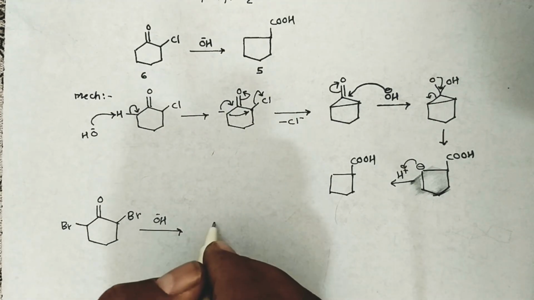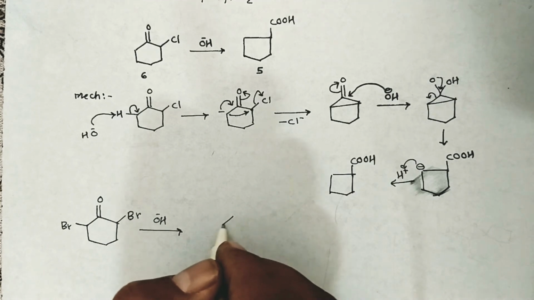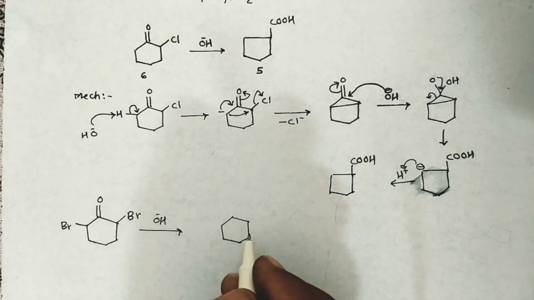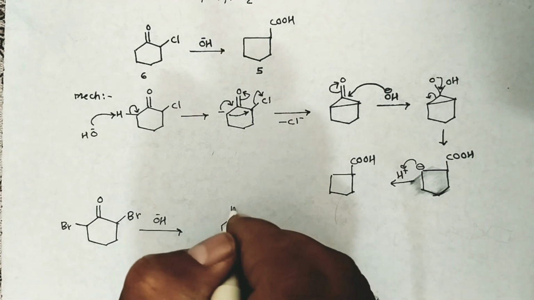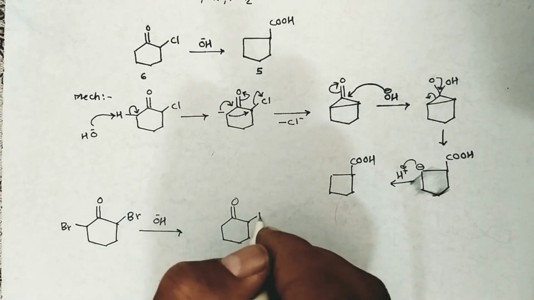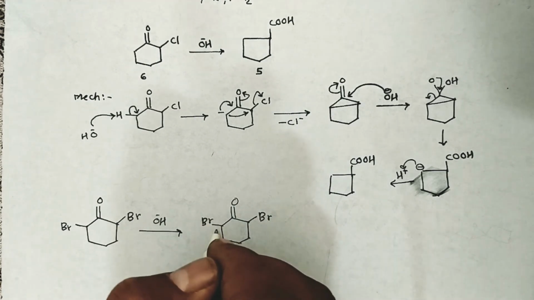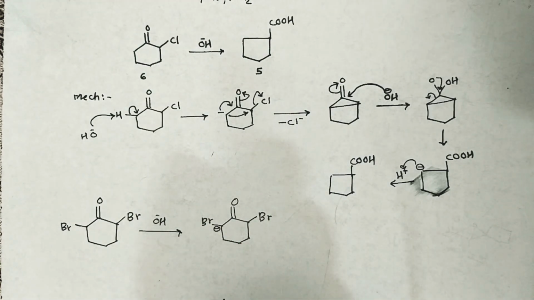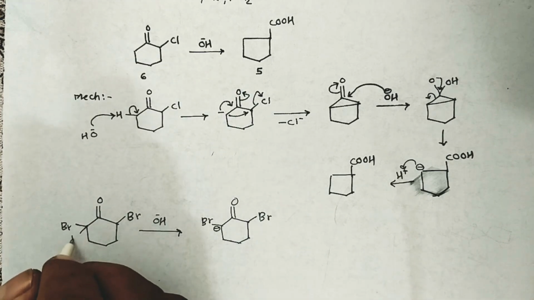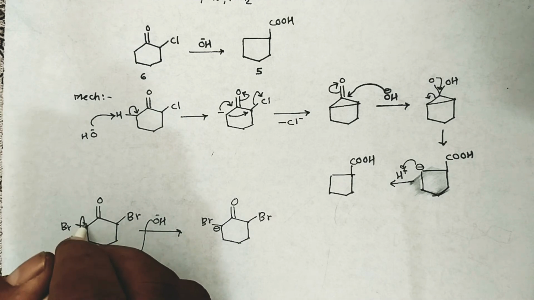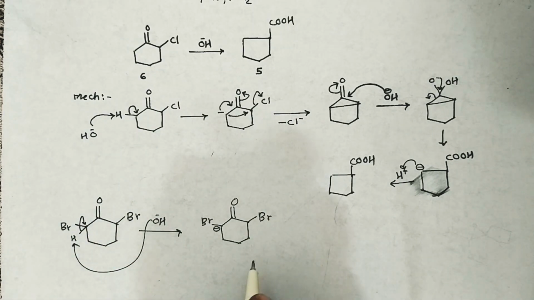So let us see the mechanism. In first step, base removes proton from one of the sides, let's say from this side, because one of the hydrogens is present here, so this base can abstract this proton and negative charge remains here.